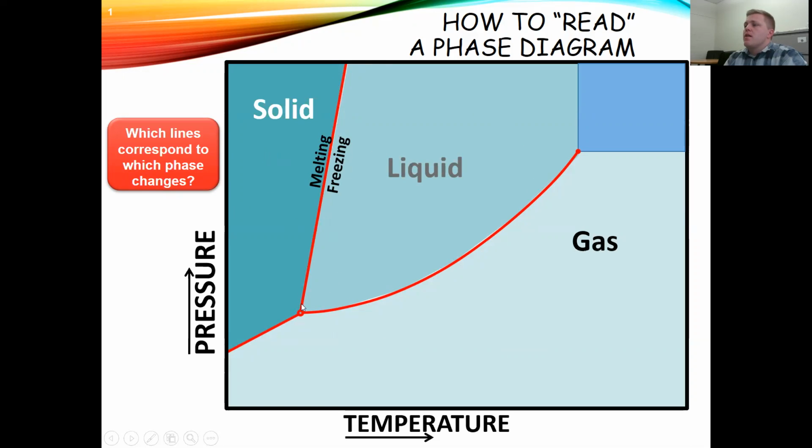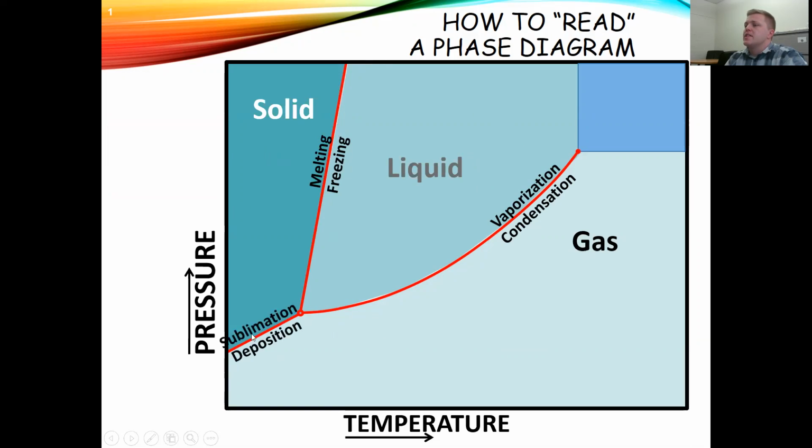And along this line here, this is the divide between gas and liquid. Going from a liquid to a gas would be vaporization. Going from gas to liquid would be condensation. Down here, in this small little area between solid and gas, we have sublimation. If we're going from a solid to a gas, that's sublimation. And if we're going from gas to a solid, that is deposition.